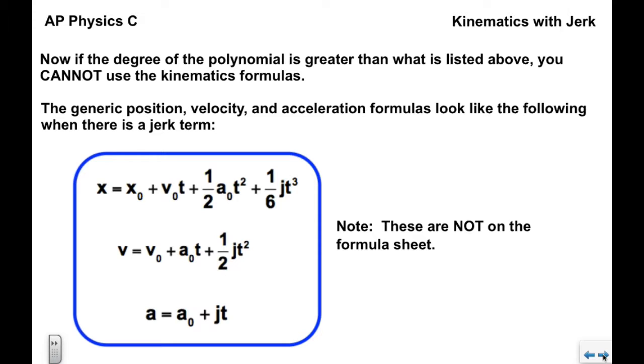Plus 1/6 j t cubed. j, of course, is the jerk term. For the velocity, v equals v0 plus a0 t plus 1/2 j t squared, and a equals a0 plus j t. Again, these are not on the formula sheet, so you'll probably want to at least remember what the extra terms are.